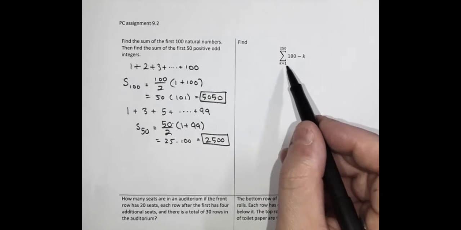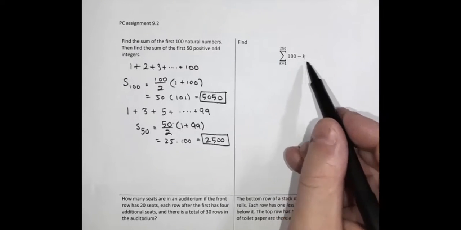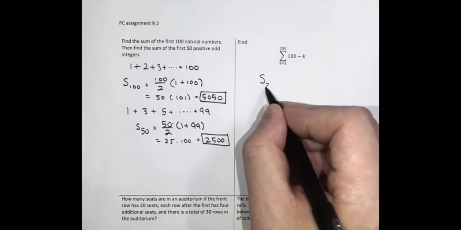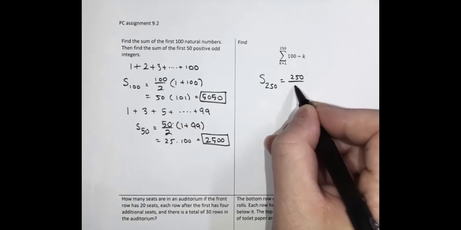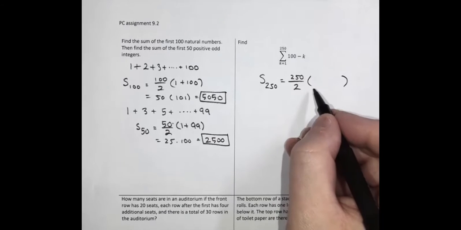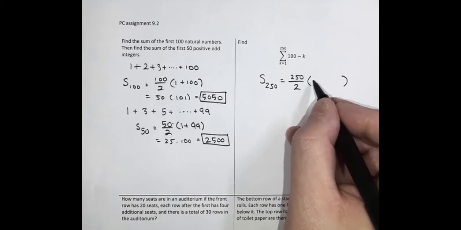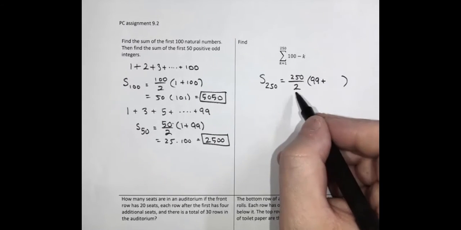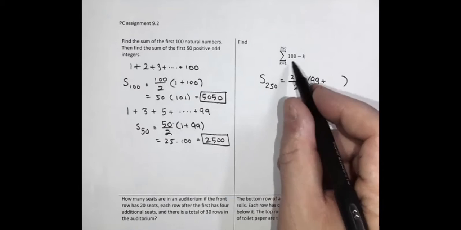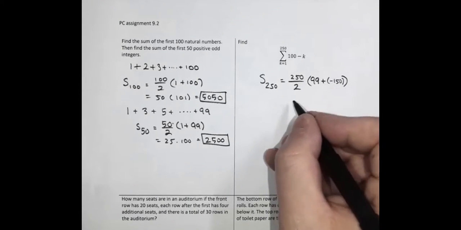Okay, going to this problem, the sum of the 250 terms that are satisfying here, right? So here it's going to be the sum of the first 250 terms. So that's going to be 250 over 2 multiplied by the first term, which is what you get when you stick in 1. 100 minus 1 is 99, plus the last term, which is what you get when you stick in 250, so that'll be negative 150.